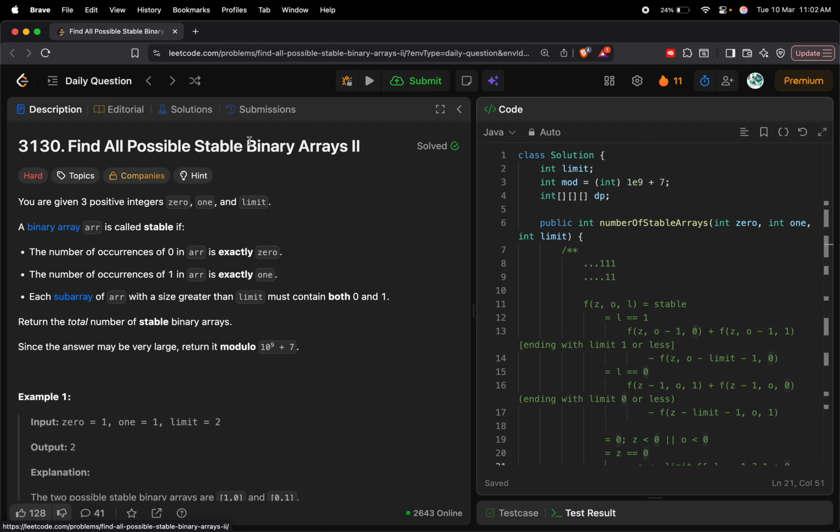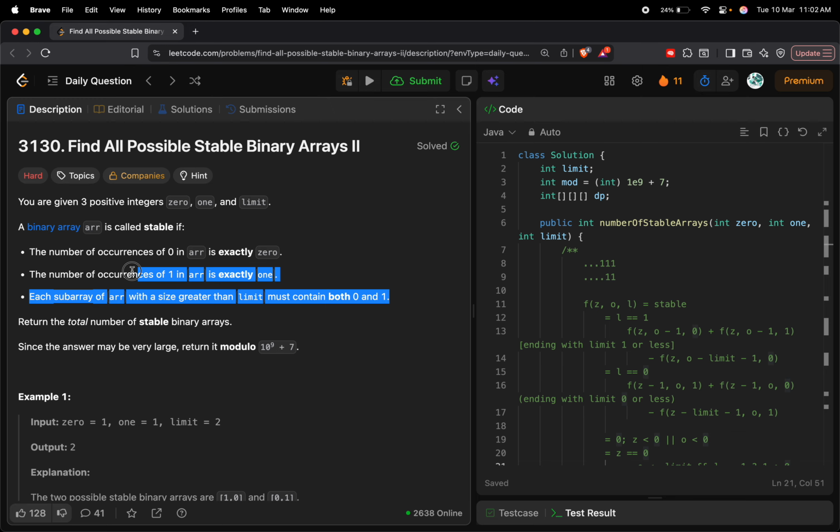Find all possible stable binary arrays 2. You are given three positive integers zero, one and limit. A binary array ARR is stable if the number of occurrences of zeros in ARR is exactly zero, the number of occurrences of ones in ARR is exactly one, and each subarray of ARR with size greater than limit must contain both zeros and ones.